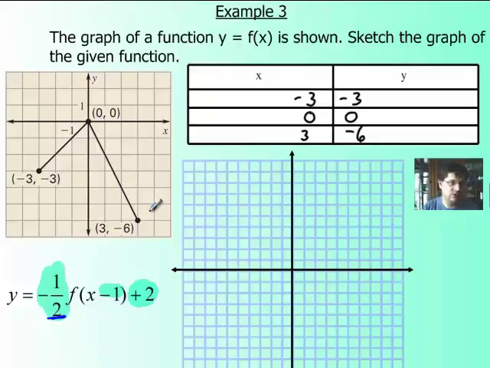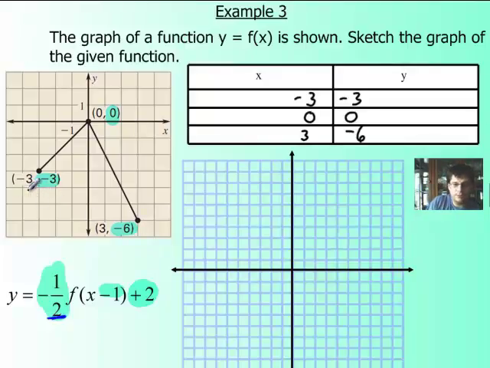Horizontal deals with the x, vertical deals with the y. So the values we're going to be applying this to are the y values, like -3, 0, and -6. We're going to scale those by a factor of 1/2, or multiply them by 1/2.